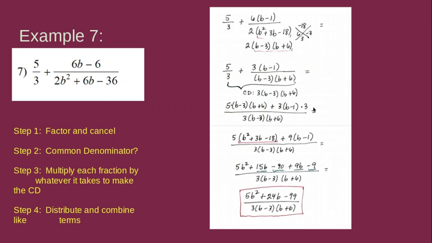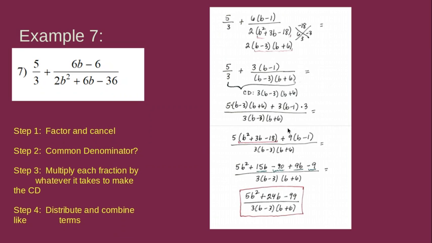I've leveled everything out. Then I need to go 5 times b minus 3 and b plus 6. So what I did was I took these two binomials, and instead of factoring and doing extra work, I said, you know where that came from. It came from b squared plus 3b minus 18. So I just went from here, dumped it back into b squared plus 3b minus 18 form.